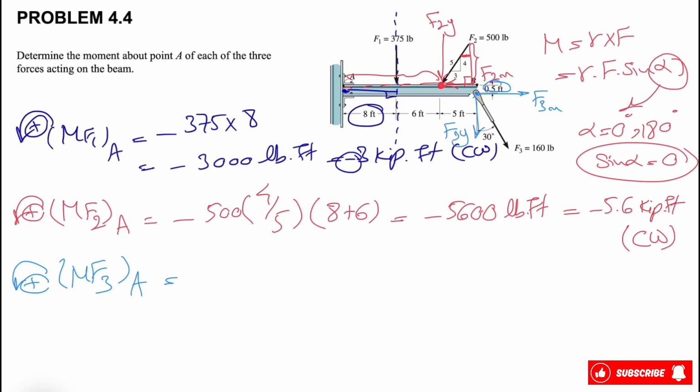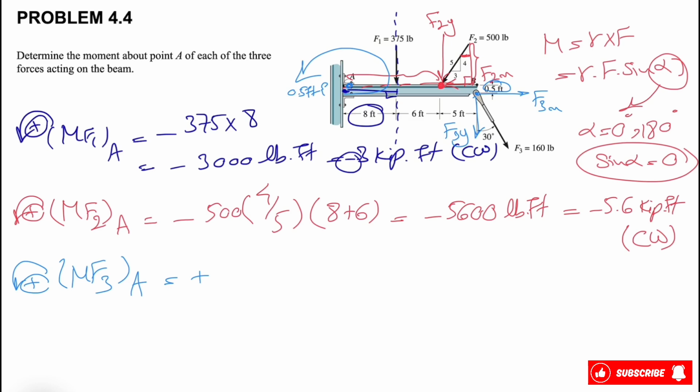So we can start with the x component. This time, the moment will be counterclockwise, as we have this little distance in here, which is 0.5 foot. So it will be positive.